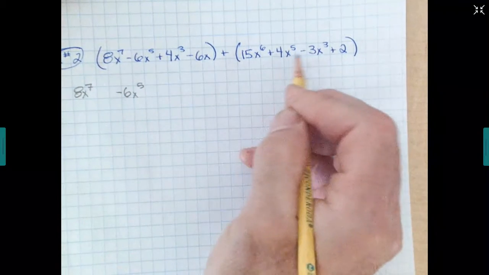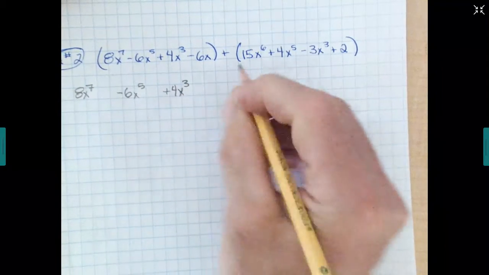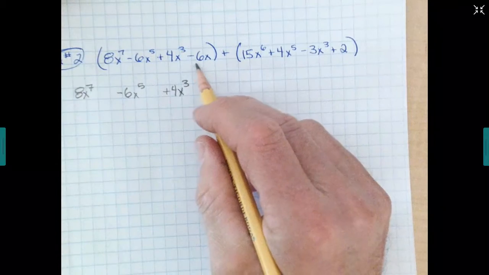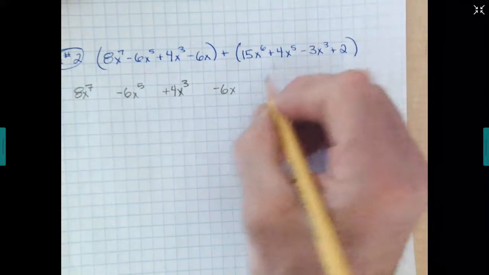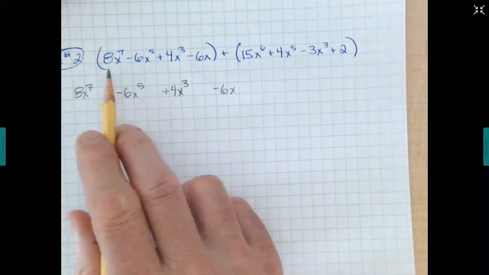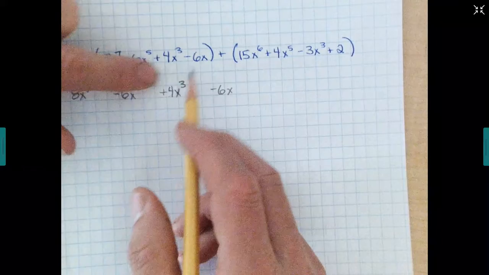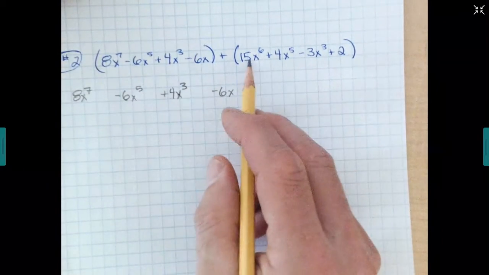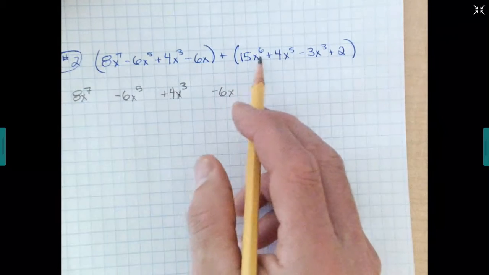Then there's no 4, so I go 4x to the 3rd, and then there's no 2, and then minus 6x, and that's it. So there's 8x to the 7th minus 6x to the 5th plus 4x to the 3rd minus 6x. Now I take these and I line them up in whatever line they're supposed to go in.